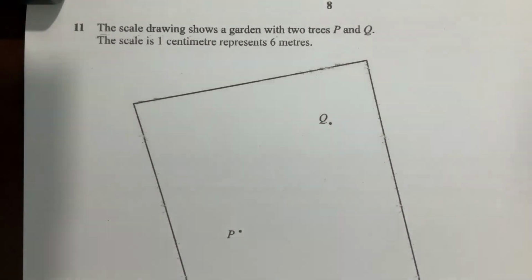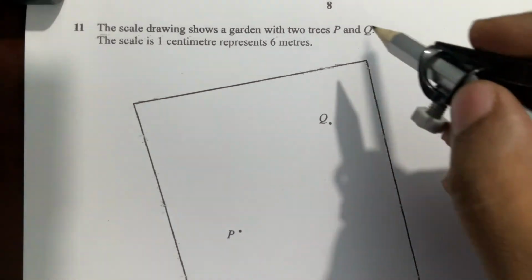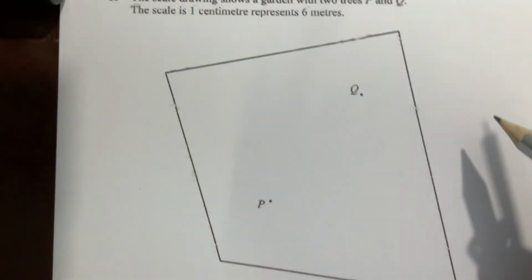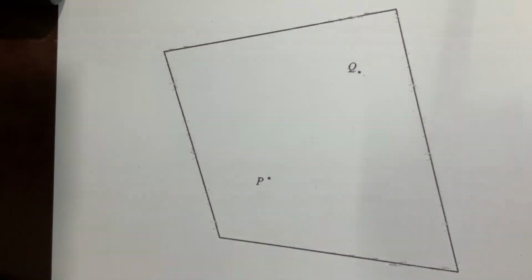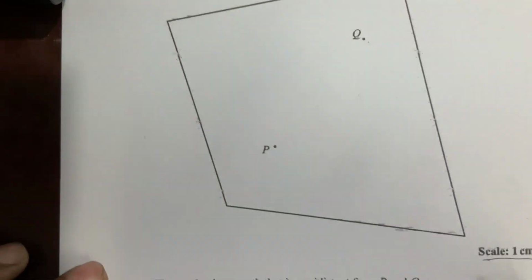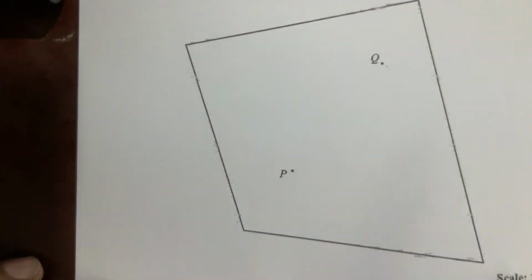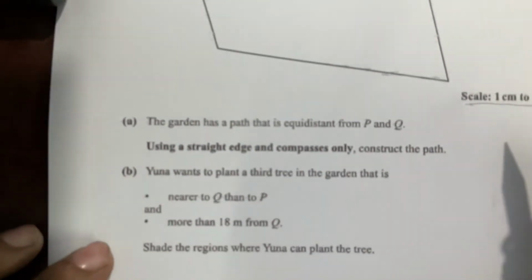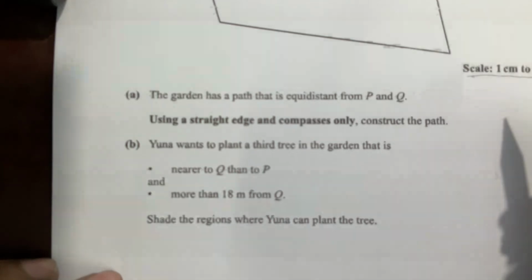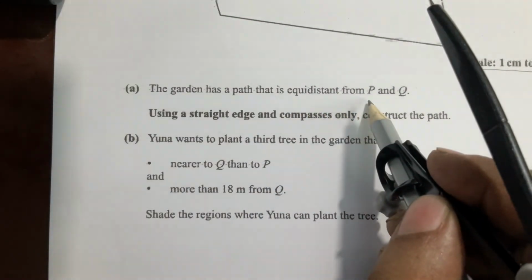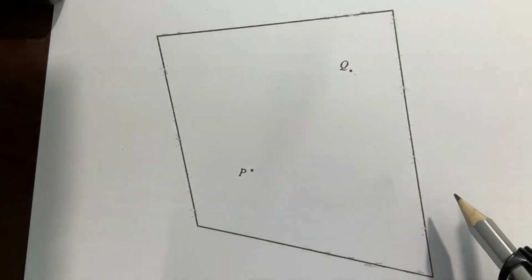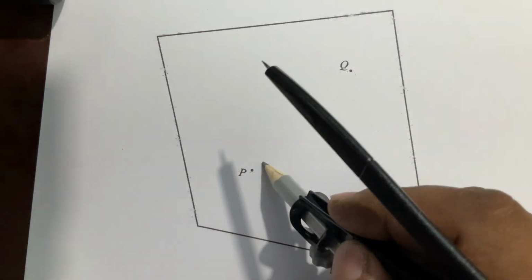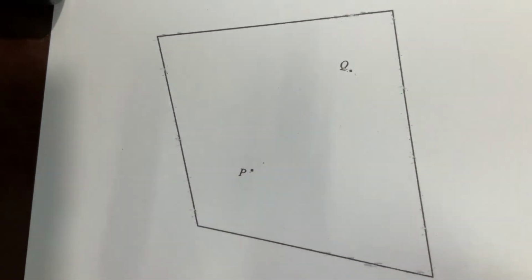The scale drawing shows a garden with trees P and Q. If I look at the diagram, this is P and this is Q. The scale is 1 centimeter represents 6 meters. First question: the garden has a path that is equidistant from P and Q. So how to draw the line equidistant between P and Q?